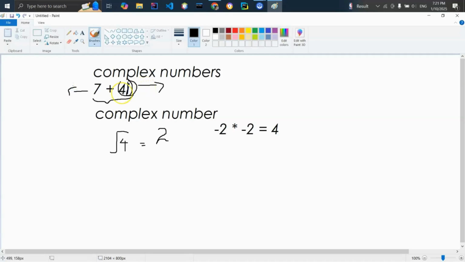The unit of imaginary number is i, which is the square root of minus 1. i is equal to square root of minus 1.